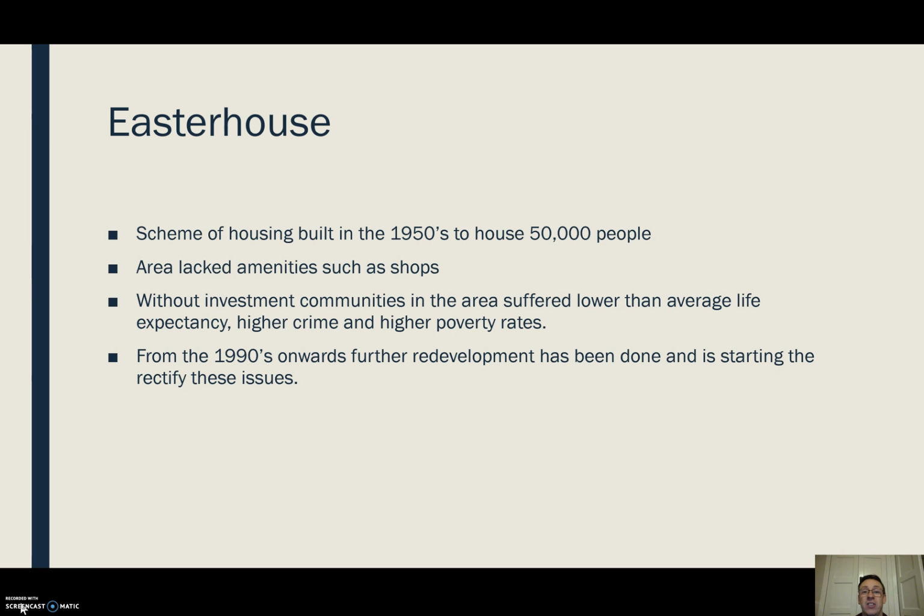This needed action, and by the time we hit the 1990s and onwards, there has been action done to try and bring living standards in the area up by providing higher quality accommodation, higher quality housing, and bringing in higher quality services and amenities.